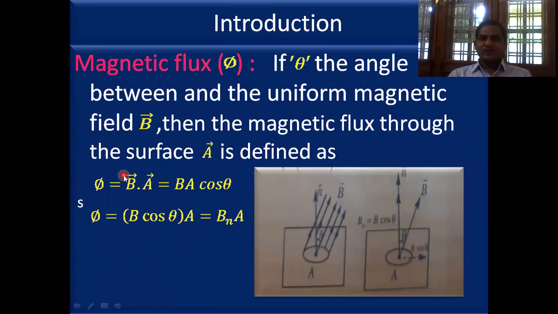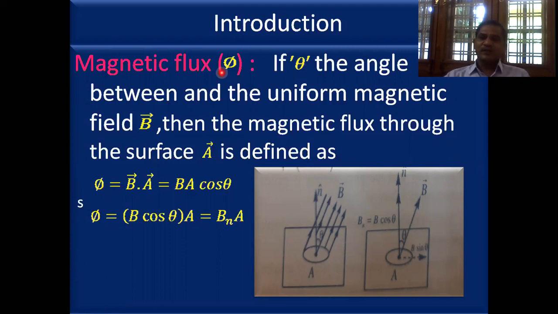So coming to the introduction part, first let us start our discussion with magnetic flux. What is the magnetic flux? Magnetic flux is nothing but the number of magnetic lines of force passing normally through the given closed surface area, right?